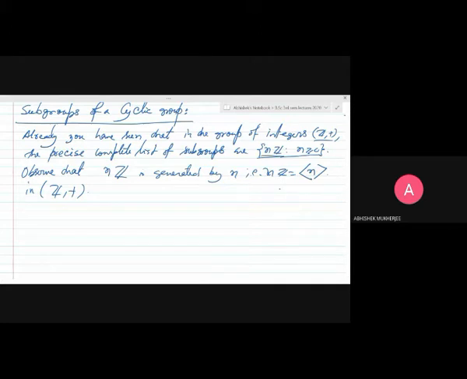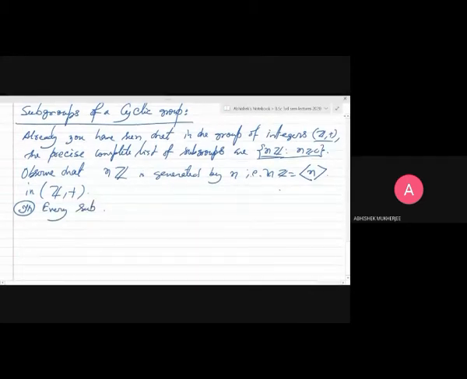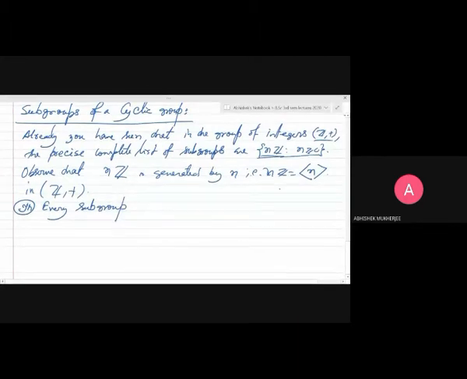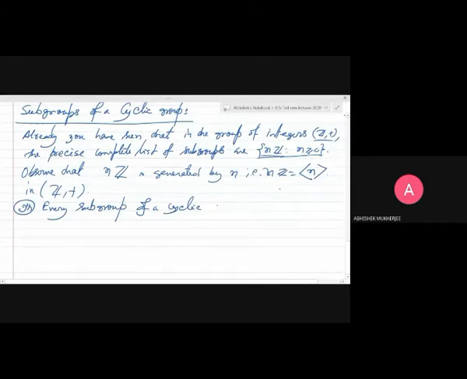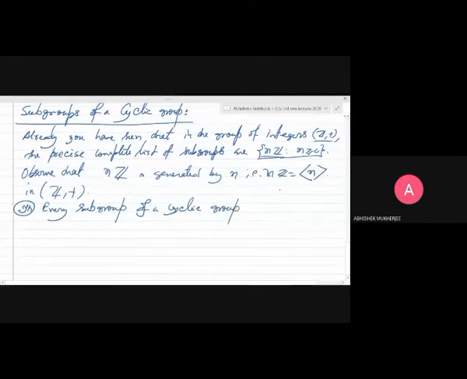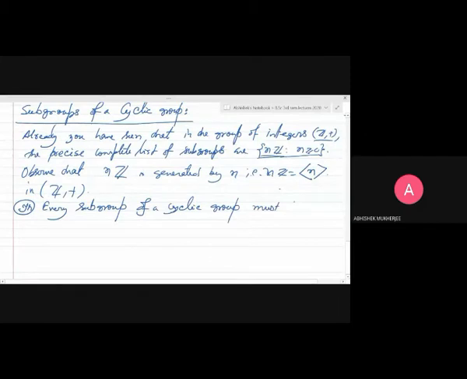Now, interestingly, let us write down the theorem that every subgroup of a cyclic group must be cyclic, right?